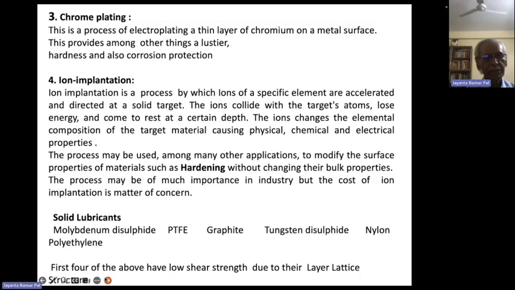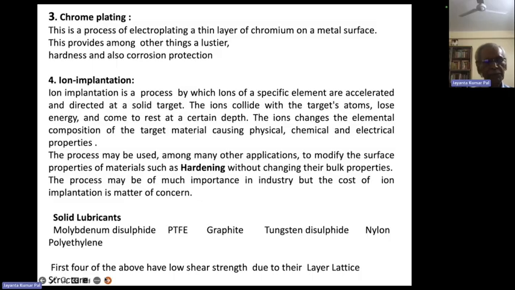This provides many other things, luster and hardening, and also corrosion protection. So chromium plating gives a decorative surface. It increases hardness and also gives corrosion protection.